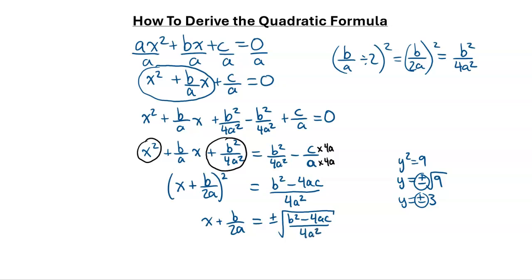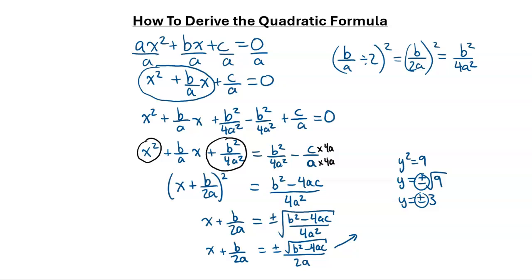And now I know what the square root of 4a squared is. That's just 2a. So this becomes plus or minus the square root of b squared minus 4ac all over 2 times a. And then on the other side, I'm left with x plus b over 2a. We are so close now to the final result.